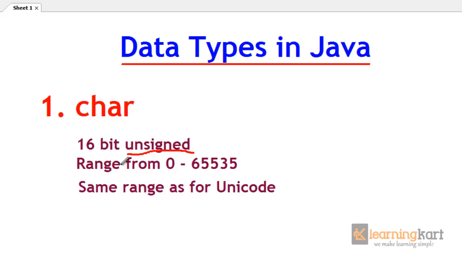The range lies from 0 to 65,535, which is the same as that for a Unicode. Now this is a big change from the C language, which had an 8-bit char and followed ASCII, and this is a 16-bit number which follows the Unicode set. So let us see how we can represent a char in code.